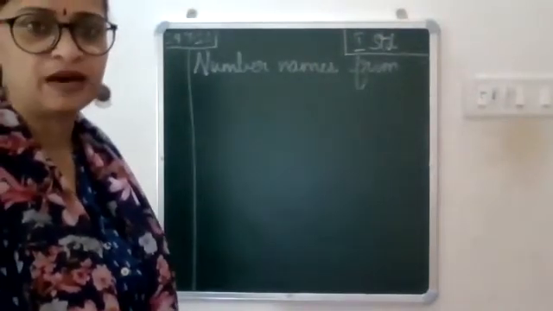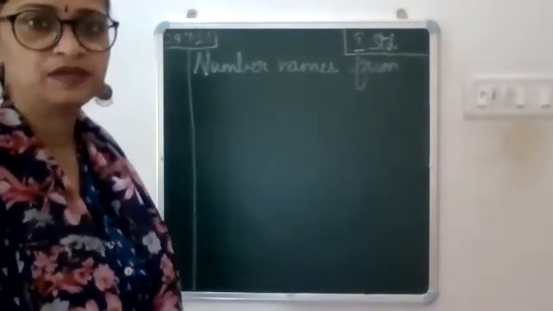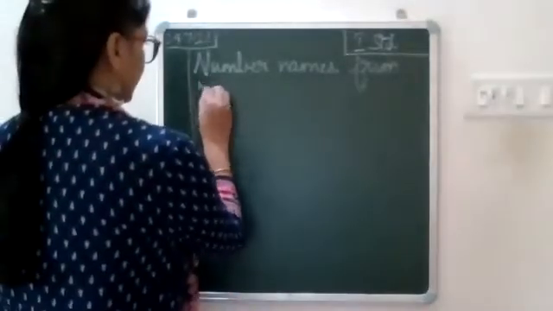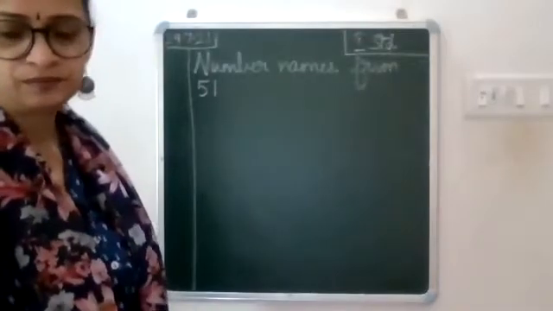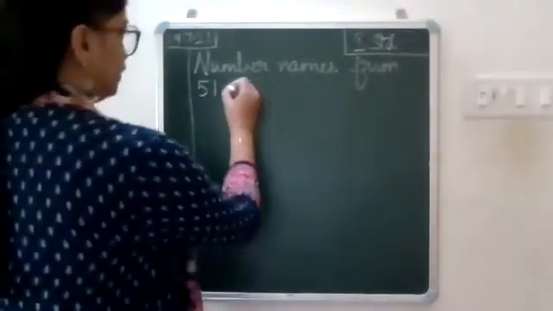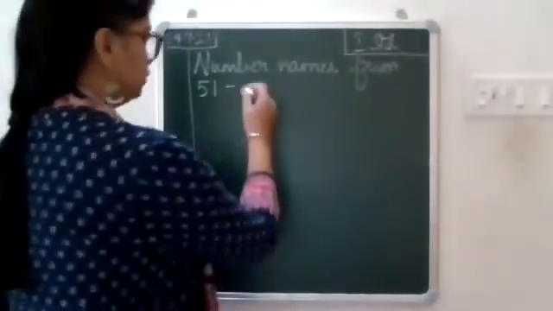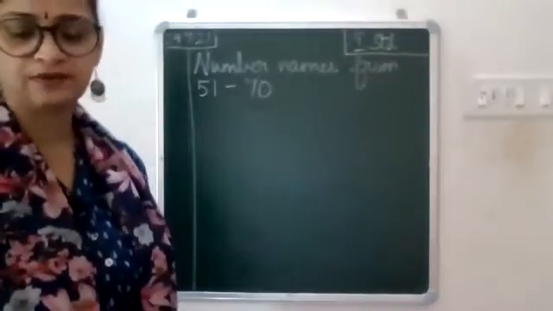Number names from. Write down the number 51. Leave a finger space. Put a small dash. 51 to 70.